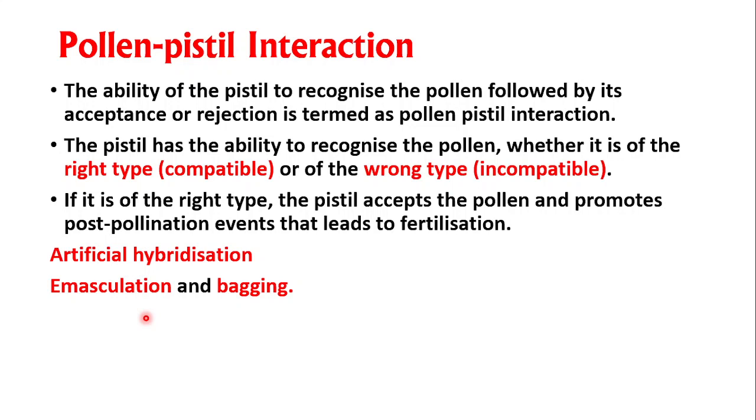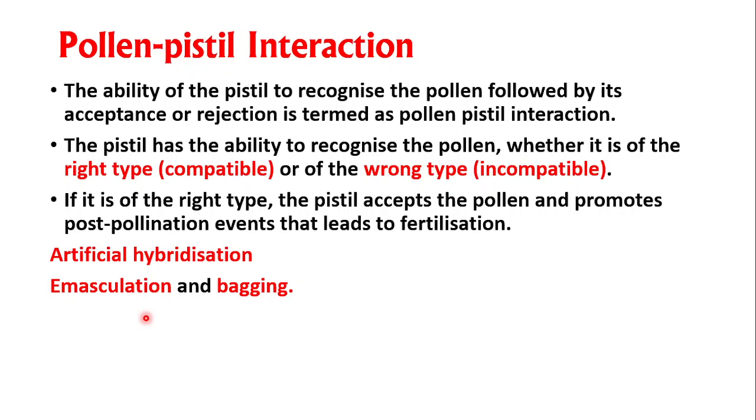Like the same, in emasculation, we are going to remove the anthers from the floral bud before the dehiscence. Do remember, what is emasculation? It is the process in which the removal of anthers is done by cutting them before their dehiscence.